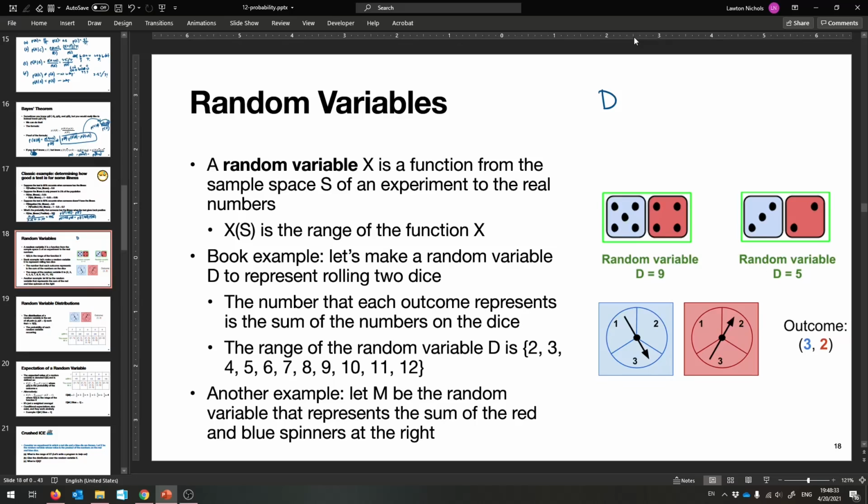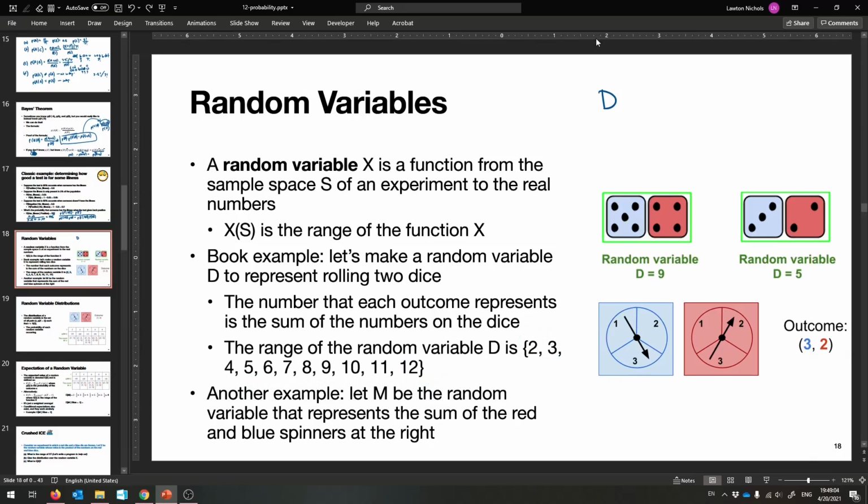The number each outcome represents is the sum of the numbers on the dice, which means the random variable's range is this. These are all the different sums you can have, from 2, snake eyes, to 12, two sixes.